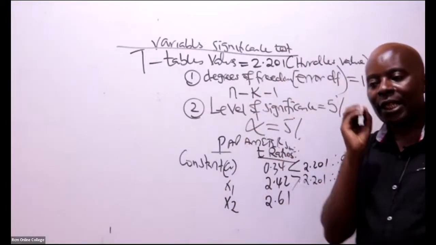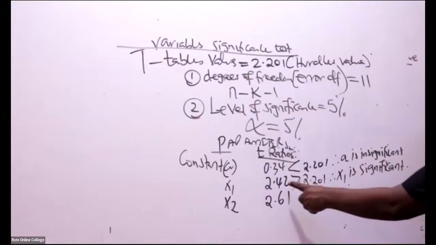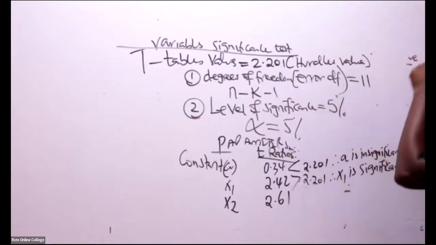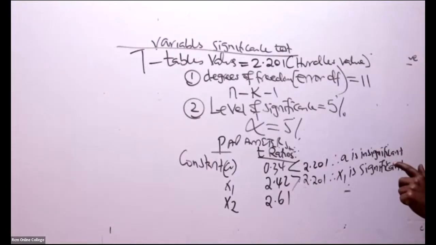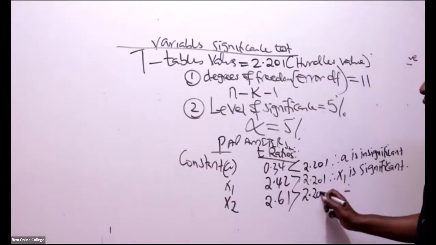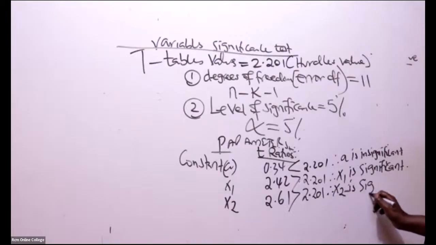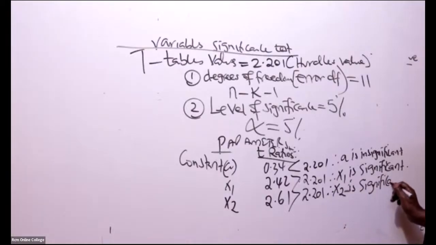The t-table is the threshold of significance. You can see 2.42 is bigger than this value. It's bigger than that value. All right. Then we have 2.61, x2, ladies and gentlemen. Again, this is more than 2.201. Therefore, x2 is significant as well.